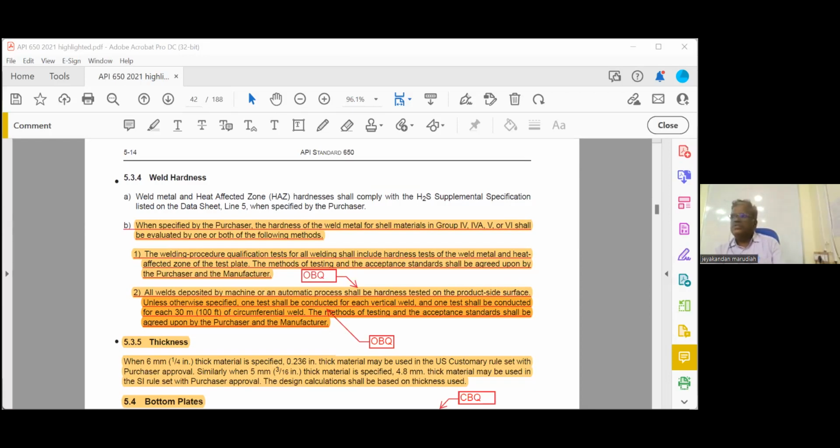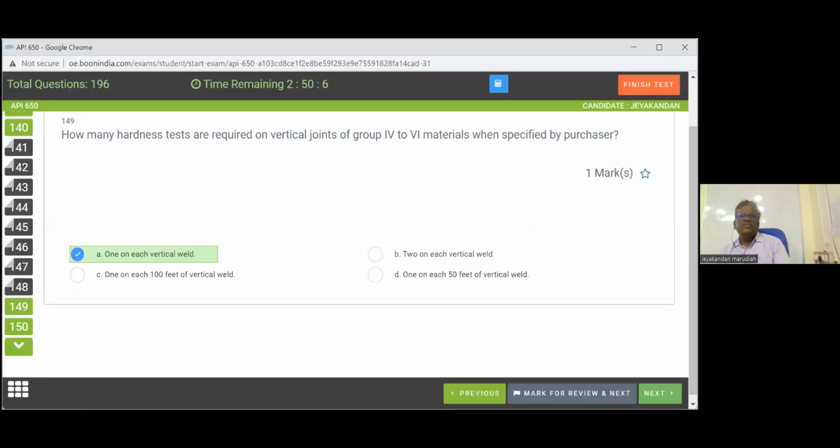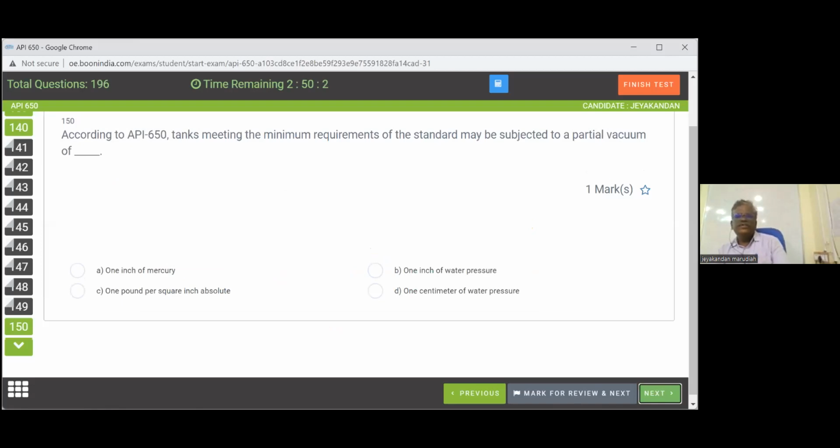Yes, next one. According to the tank standard, what is the minimum requirement for a partial vacuum? See, what is the pressure allowed? I told you 2.5 psi. What is the partial vacuum allowed?